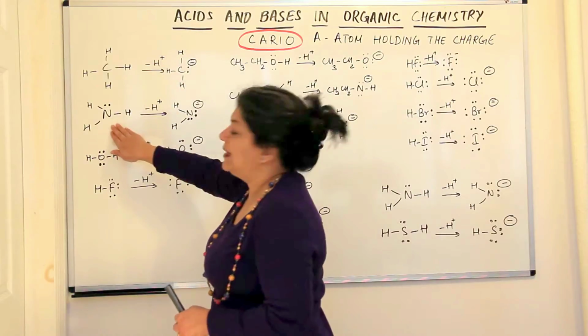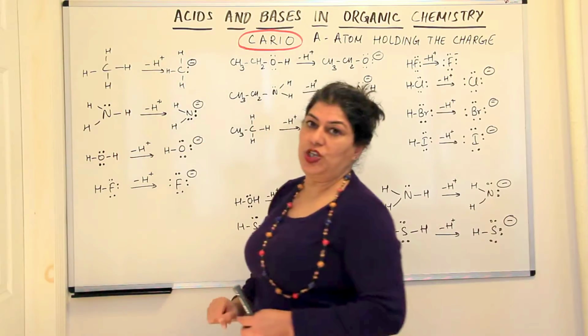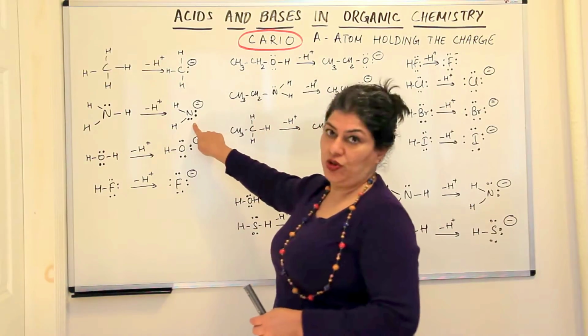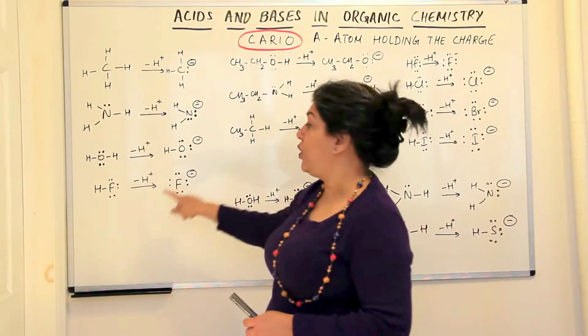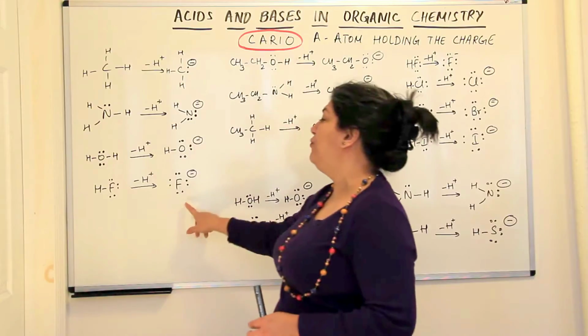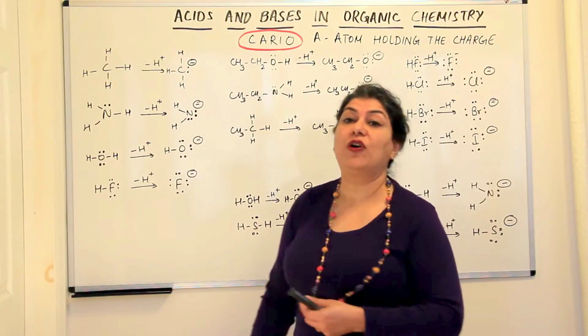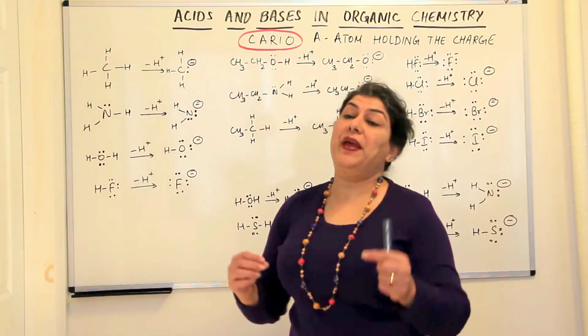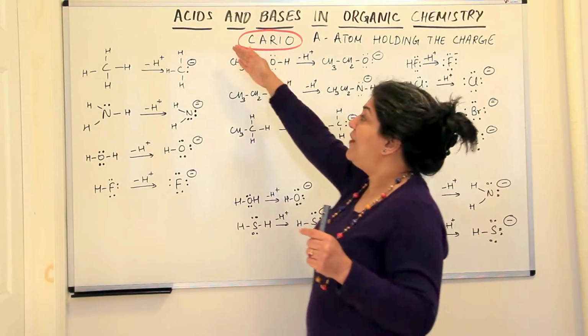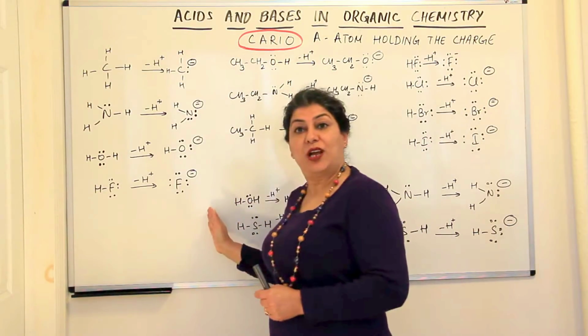Now, when we take ammonia and deprotonation occurs, we find the negative charge on nitrogen. We find a negative charge on oxygen in the deprotonation of water, and a negative charge on fluorine in the deprotonation of hydrogen fluoride. Now, if we compare the charges, we find that all 4 have the same charge.